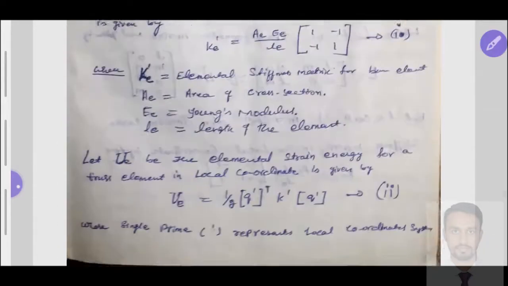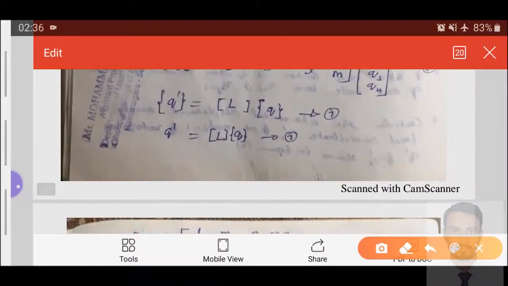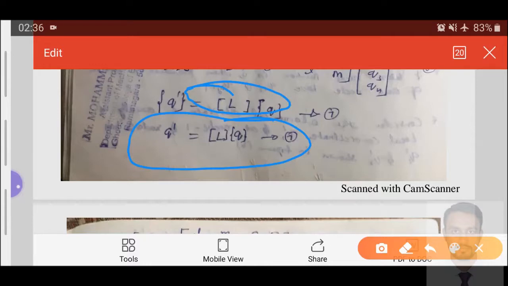To find the elemental stiffness matrix in the global coordinate system, we know that we have derived this equation. Remember it, you will ask me the question when I derive the stiffness matrix. That is the reason I have derived this equation.